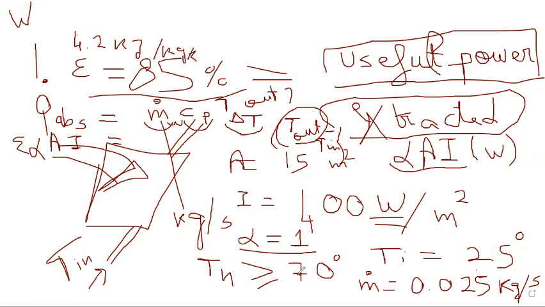For example, if you get T out smaller than 70 degrees, what are the strategies that you can use in order to reach the temperature that you want? What can you do then?